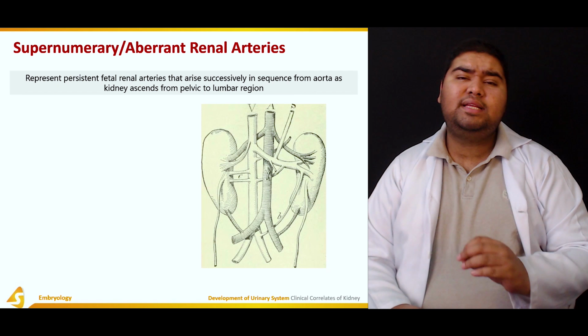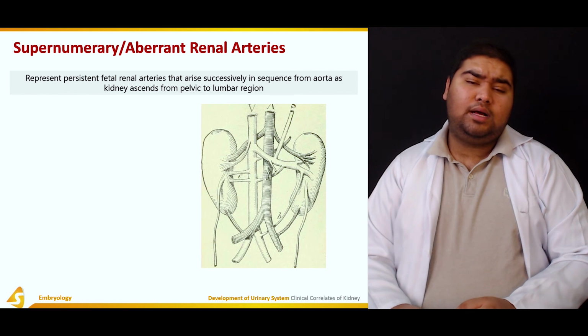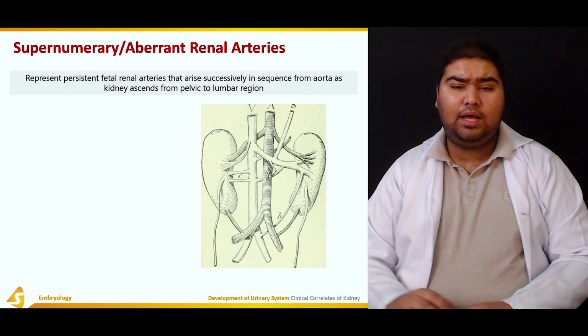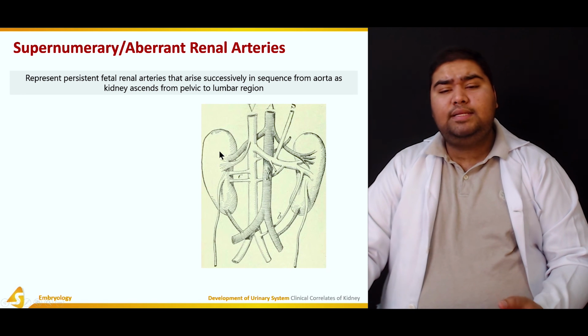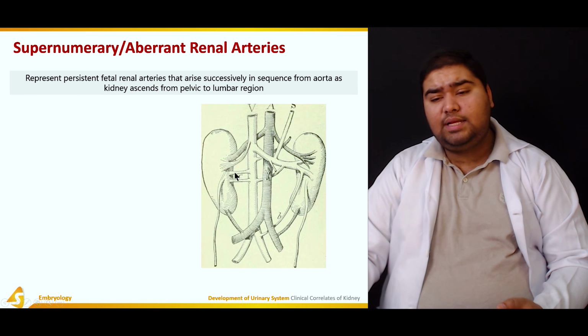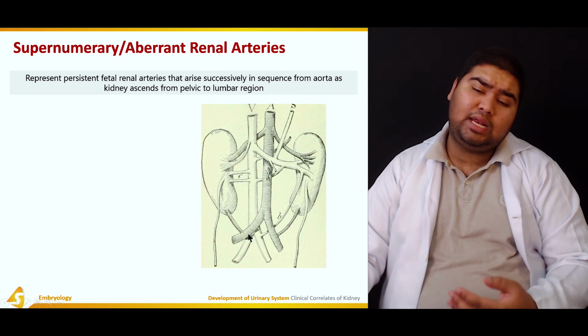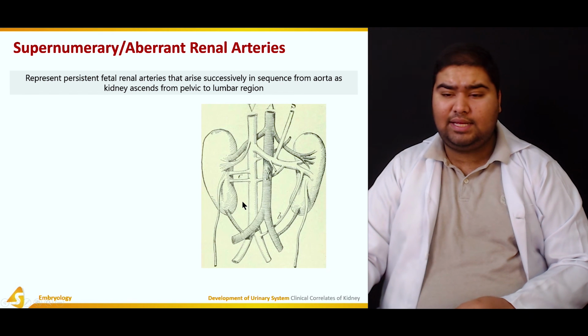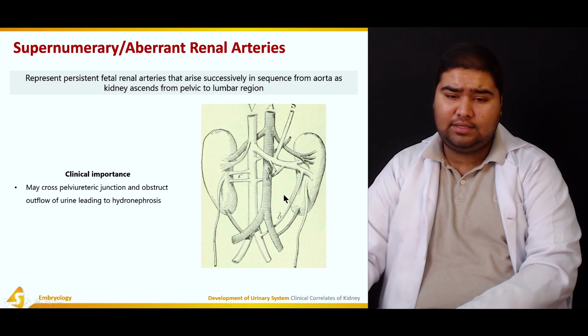However, if these arteries persist, this results in supernumerary or aberrant renal arteries. So it represents persistence of the fetal arteries, which were supplying the kidney when it was in a lower position. Now these arteries are persisting.